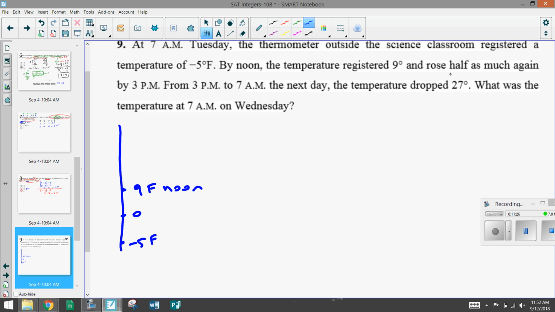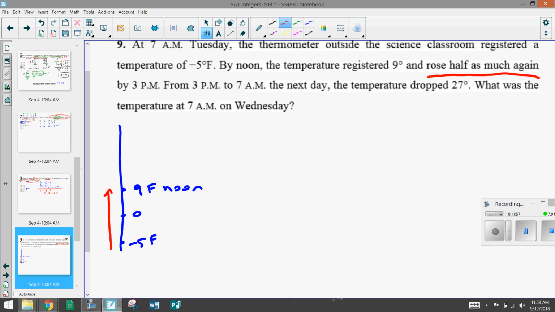And the wording here is complicated. It rose half as much again. So how much did it rise? What is that previous rise? How much was it? 14. That's right, because it rose from here to here at first. What is the difference there?